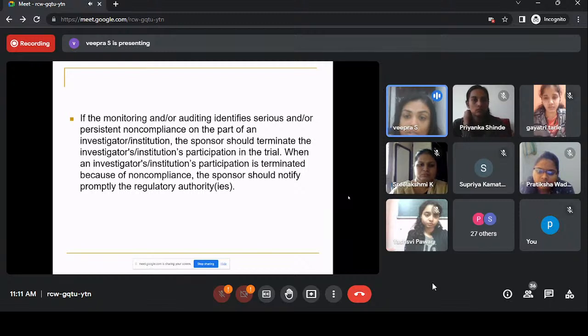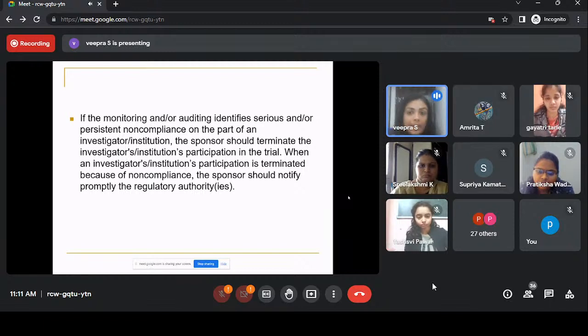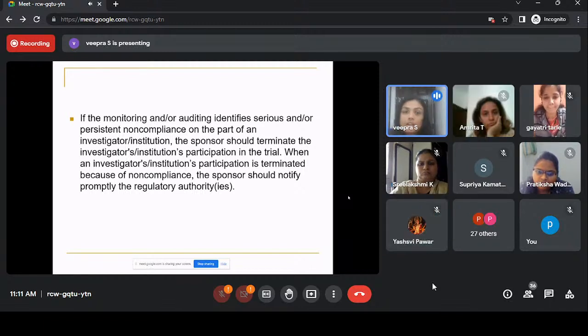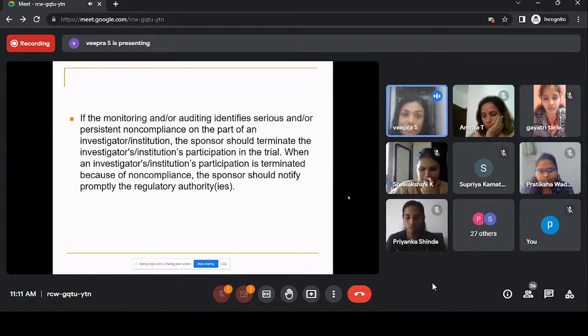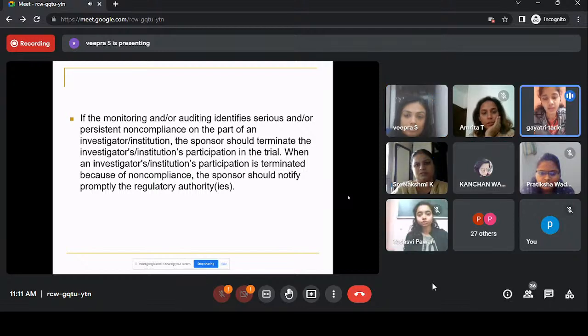What will the sponsor do? Suppose they identified that the investigator is not taking consent properly, or they have done some fabrications in the records. What action will the sponsor take? They will stop, terminate the study.